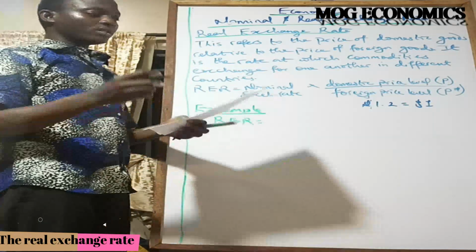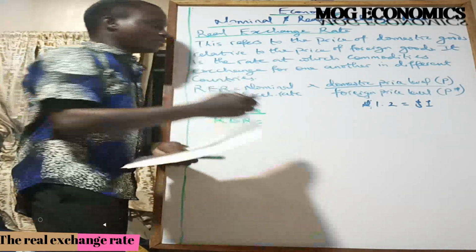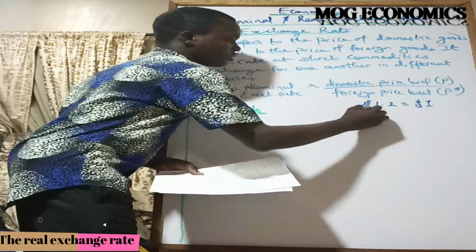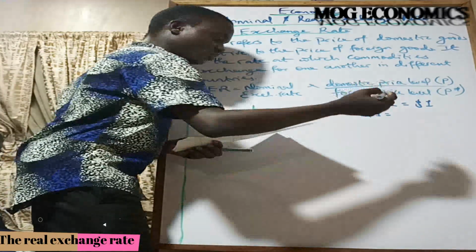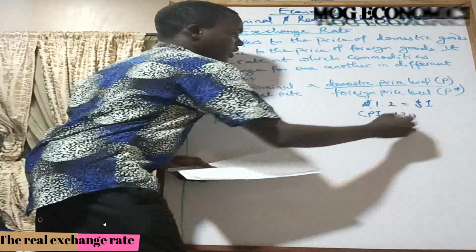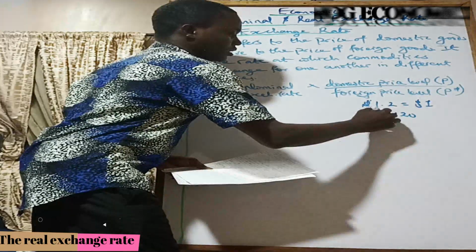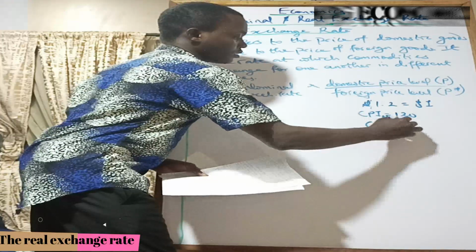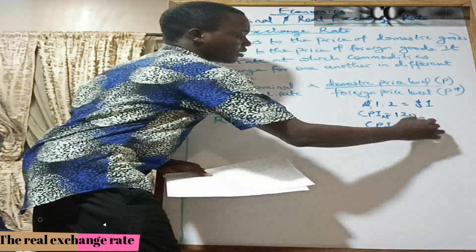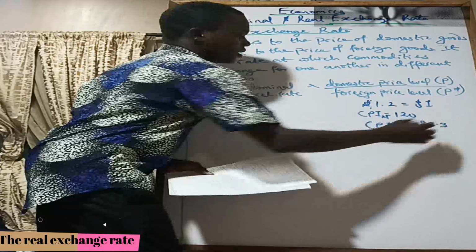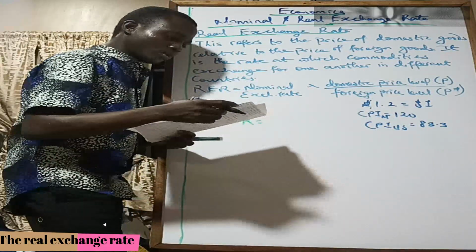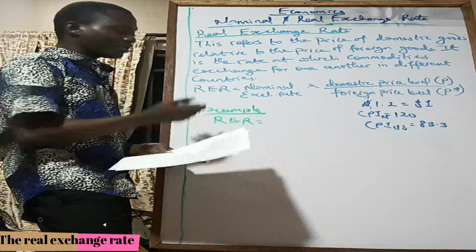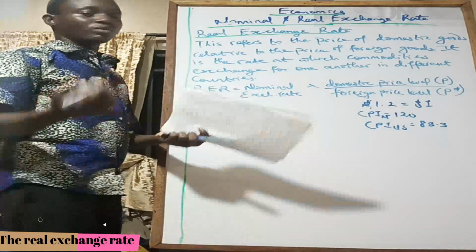The price level in Nigeria is measured by the CPI. CPI in Nigeria, CPIN, is 120, and the CPI in the US is 83.3. What then is the real exchange rate of the naira to the dollar?